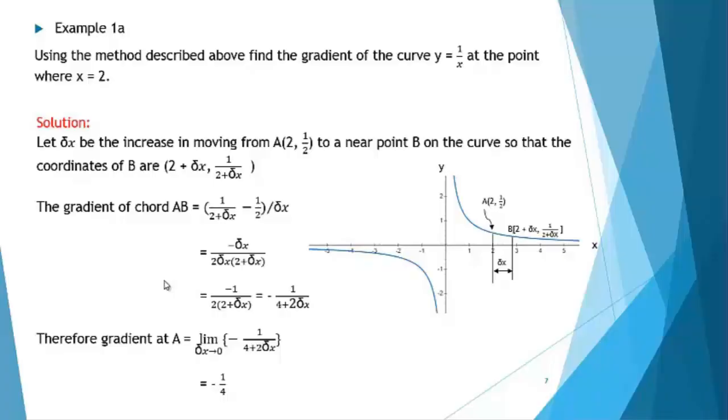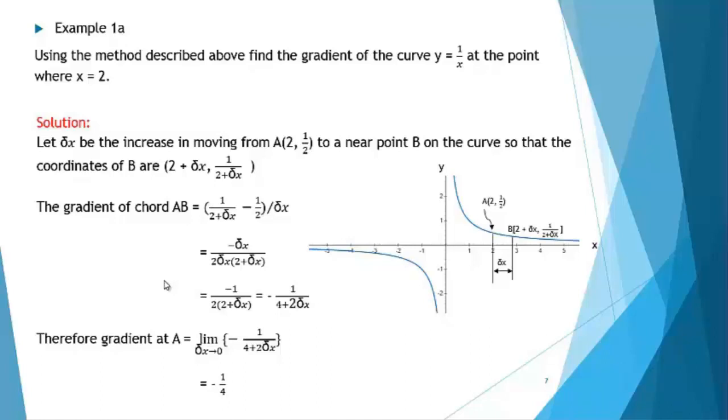The gradient of chord AB equals the increase in y over the increase in x. So the increase in y is 1 over 2 plus delta x take away 1 half, over the increase in x, which is delta x. By simplifying, the gradient of chord AB becomes negative delta x over 2 delta x bracket 2 plus delta x.